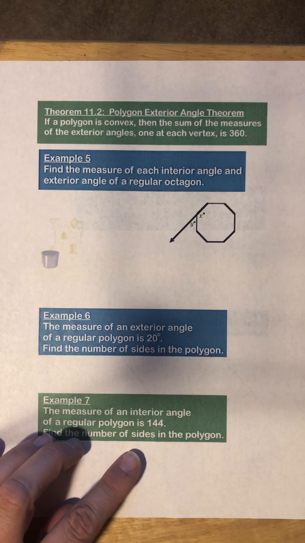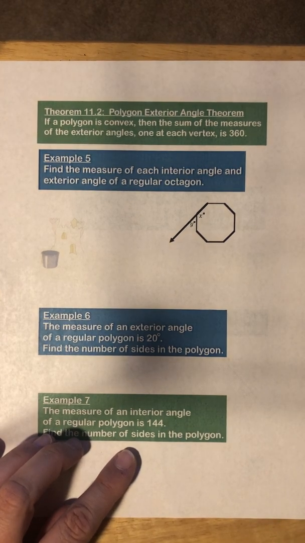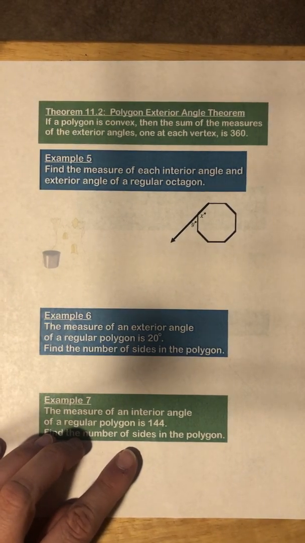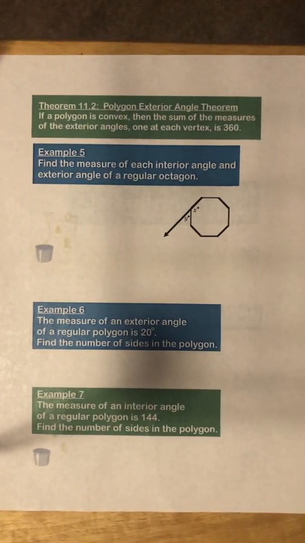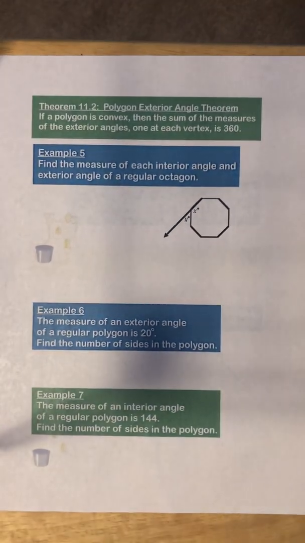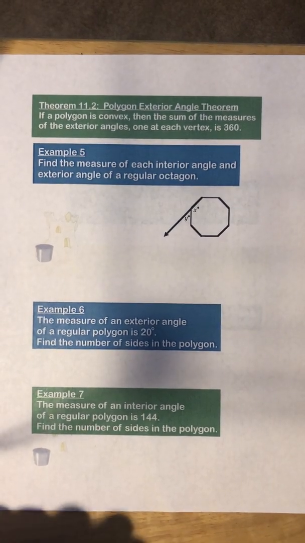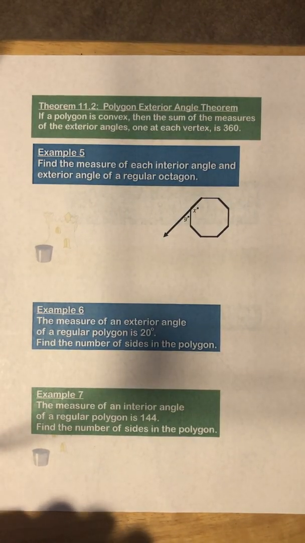If you have a triangle, a quadrilateral, a hexagon, an octagon, a dodecagon, it does not matter what shape it is, if you add the exterior angles up around that shape, it will always add up to 360 degrees every single time.